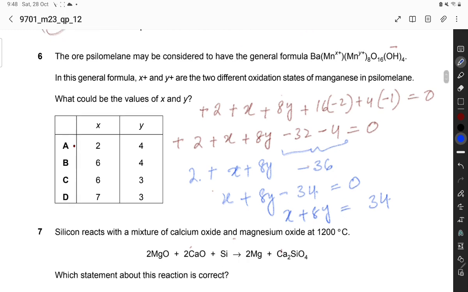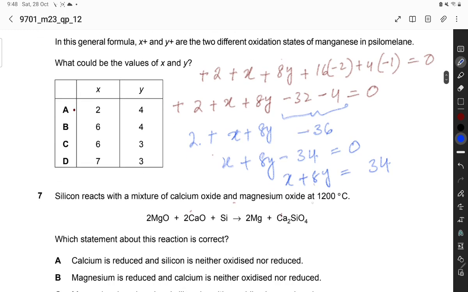So if the oxidation state of Y is plus 4, then 8 into plus 4 is equal to 32, and what would X be now? X would be 2, so in this case this is equal to 34.